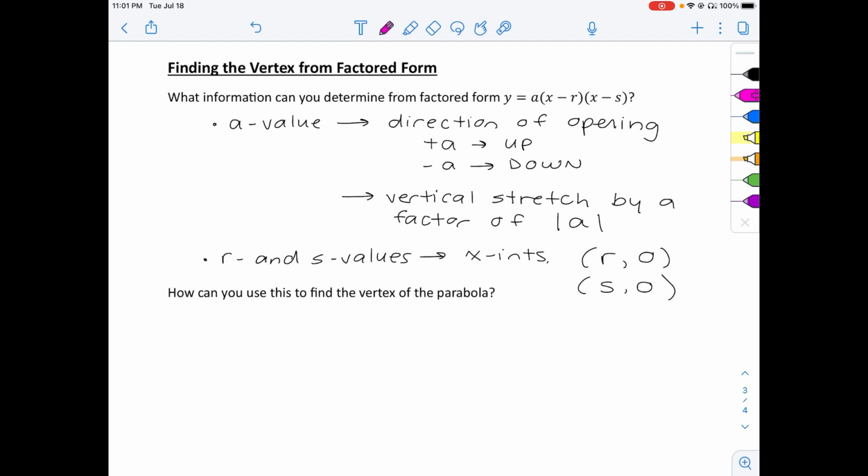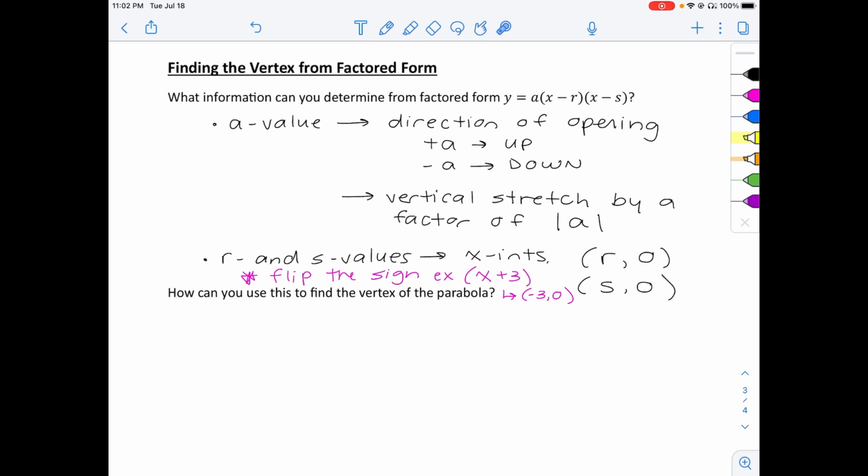I've mentioned it before, I say it a lot, but your x-intercepts, you are going to flip the sign. So for example, if you have x plus 3, then your intercept there would be (-3, 0). Just because of the way that the formula is written, we write it as x minus r. So if r in this case is -3, x minus -3 is the same as x plus 3.